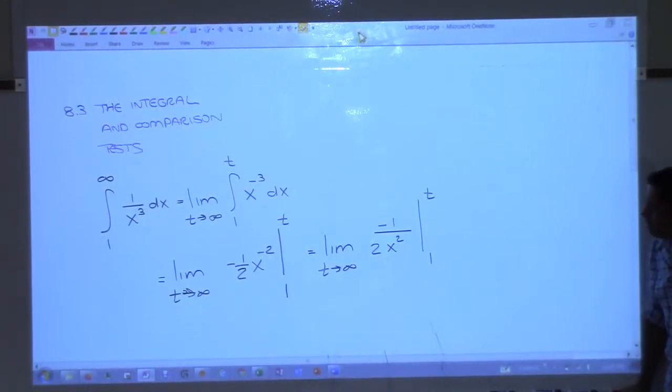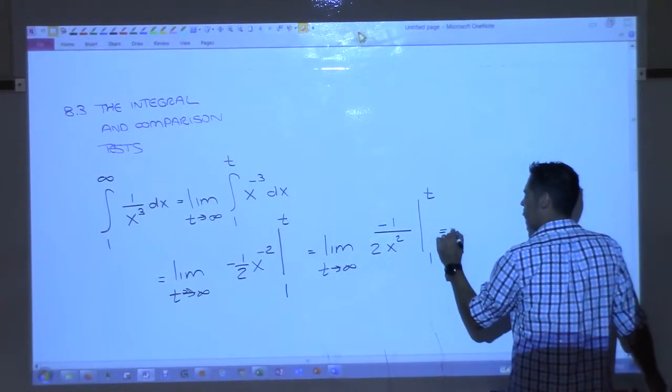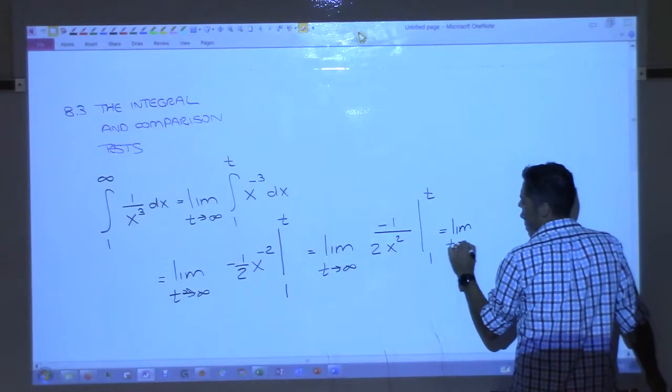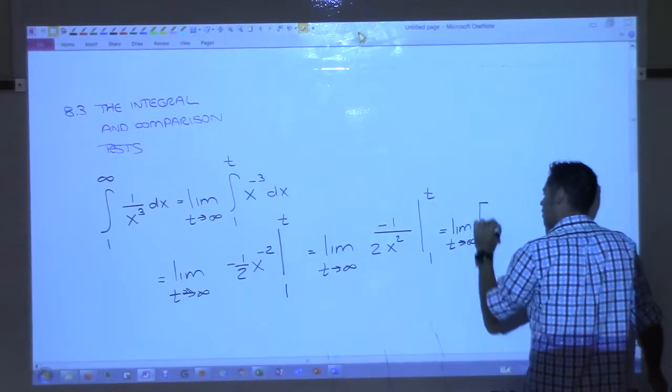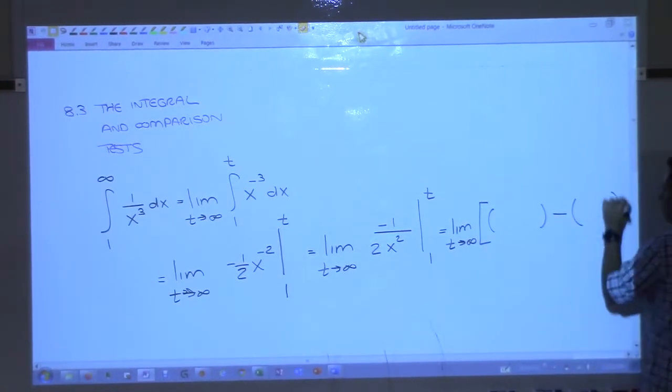All right. So now what we'll do, limit as t goes to infinity. We're going to have two things. We plug in t, we subtract, we plug in 1.